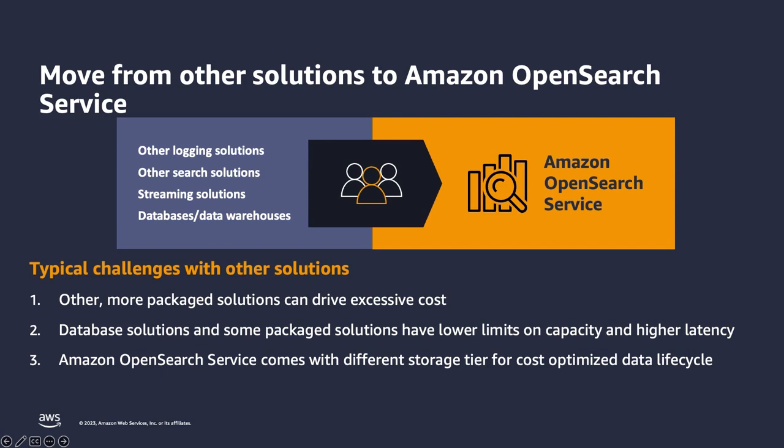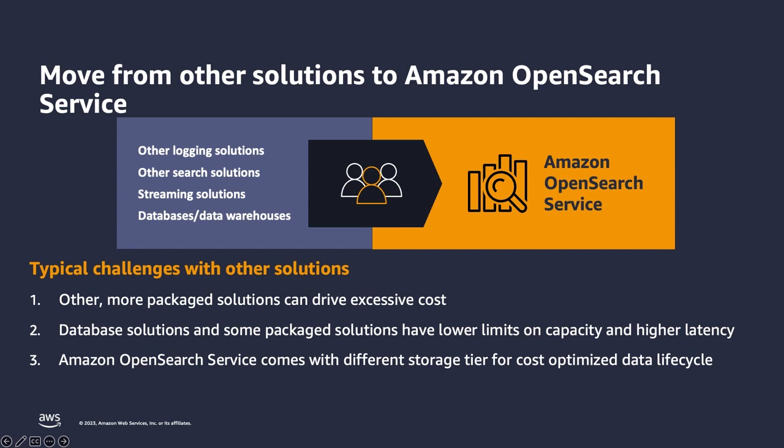The other motivation to move from non-search clusters, but other solutions, for example, log analytics or observability solutions, or any data warehouses to Amazon OpenSearch, the primary motivation that we hear from the field is the cost. A lot of these solutions come with a package solution, which means that you may not use all of the features, but you're paying for all of them.